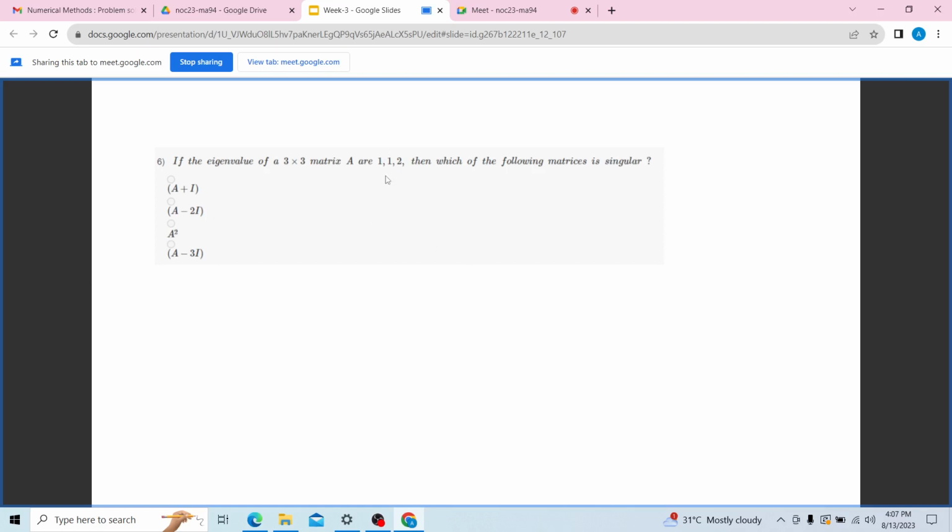So you'll get matrix A. Matrix A will look like 1 0 0, then 0 1 0, and 0 0 2. So calculate each of the matrices and find its determinant.